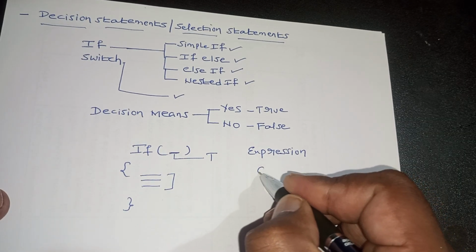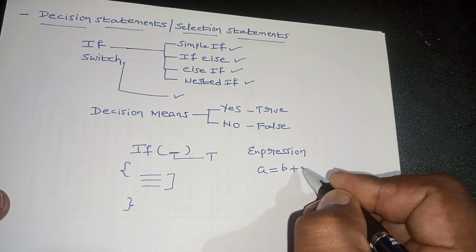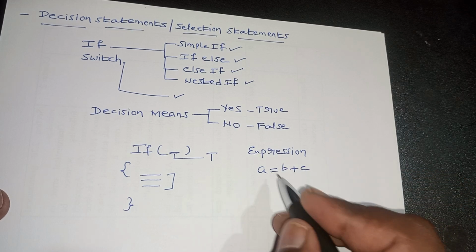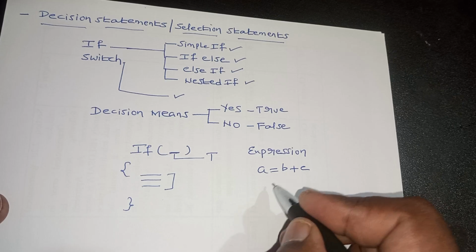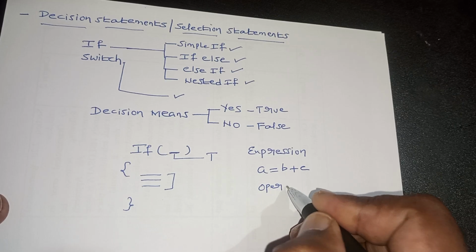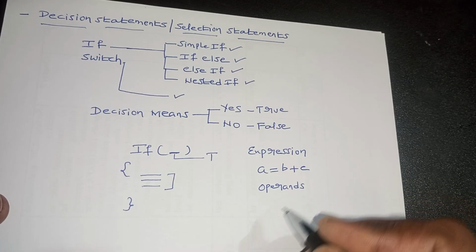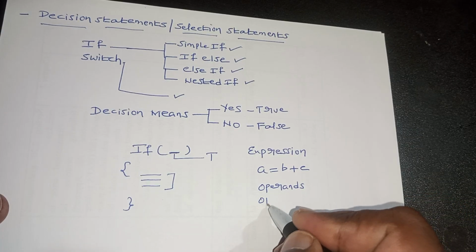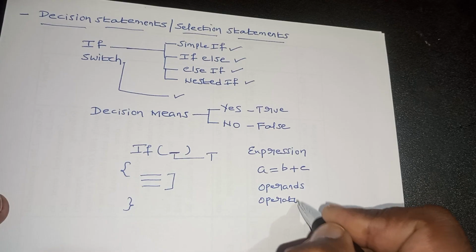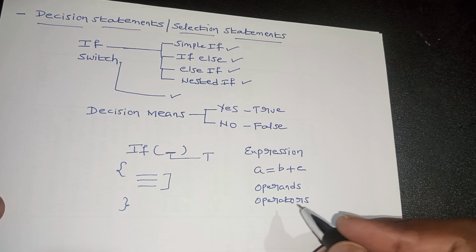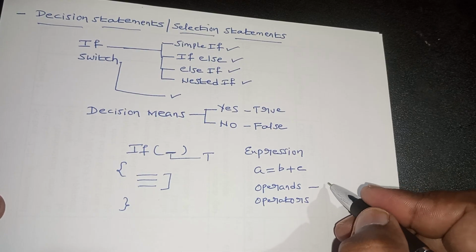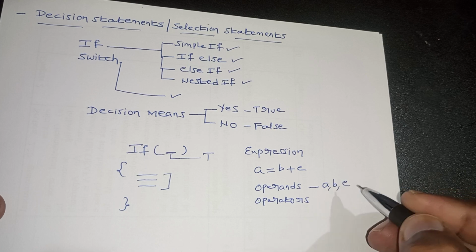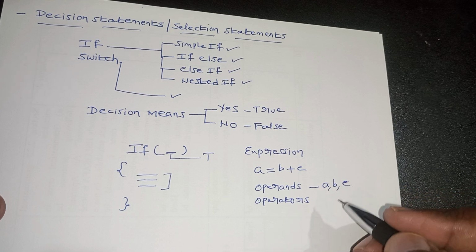If you take a equal to b plus c, this is an expression. Always understand that an expression has two things: one is operands, second one is operators. The variables are called operands, so a, b, c are the operands in the expression.